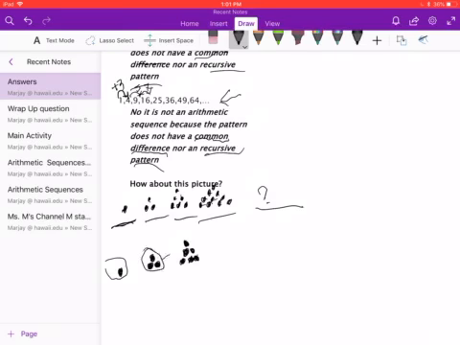Like for instance, this one is basically on top of these, and this one is basically on top of these. So how much is going to be on the bottom for the next figure? It's going to be 4 balls, and then we're going to add this entire thing on top of it.